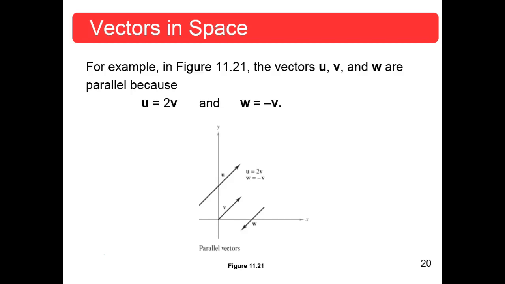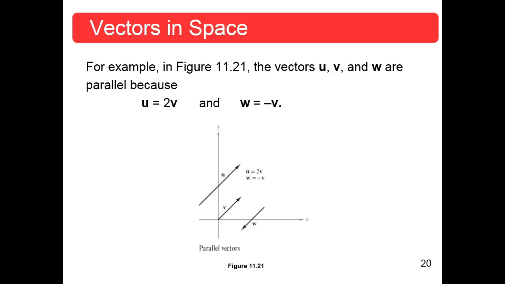For example, in this figure here, the vectors U, V, and W are parallel because U looks like it's exactly twice V, and W is equal to exactly negative 1 times V, or negative V. So there is a scalar, 2 or negative 1, or pi thirds, or negative e over 4, whatever it is, if it's just some scalar that multiplies V to give you the other.